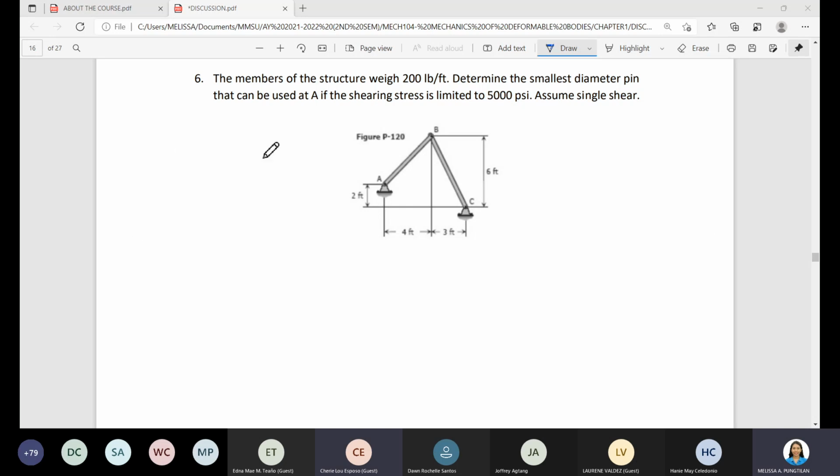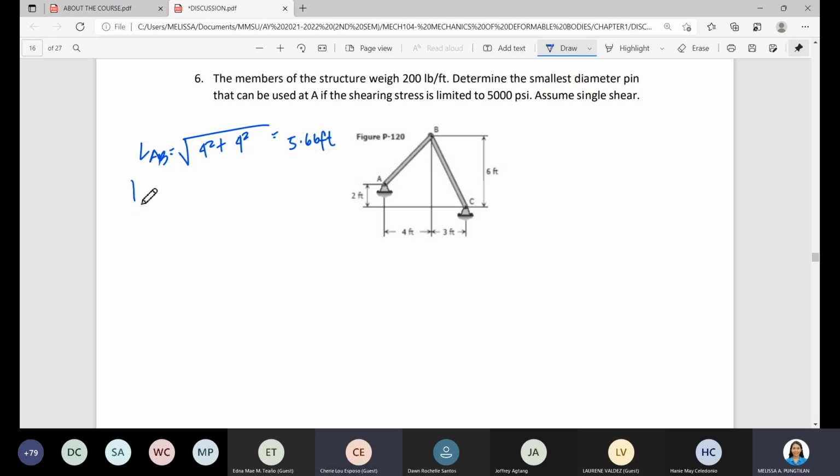So, yung ating member AB and member BC weighs 200 pounds per foot. Kunin muna natin yung length ng AB and length ng ating BC. So, for AB, it's just a square root of 4 squared plus 6 minus 2, so it is equal to 5.66 feet.